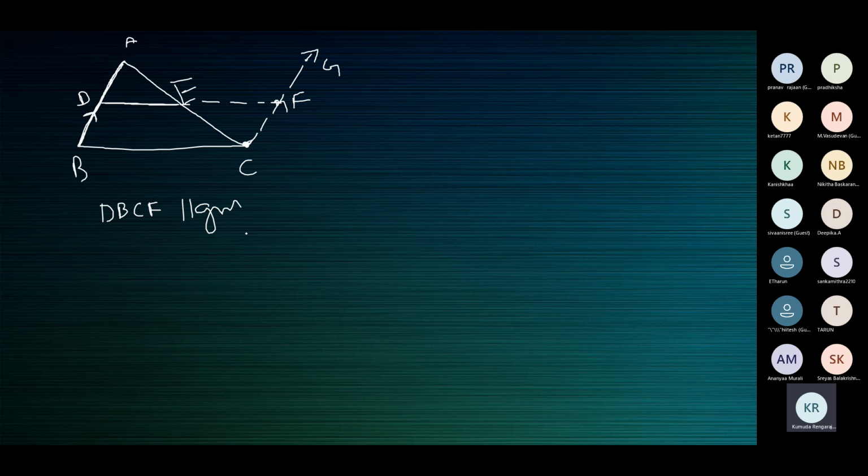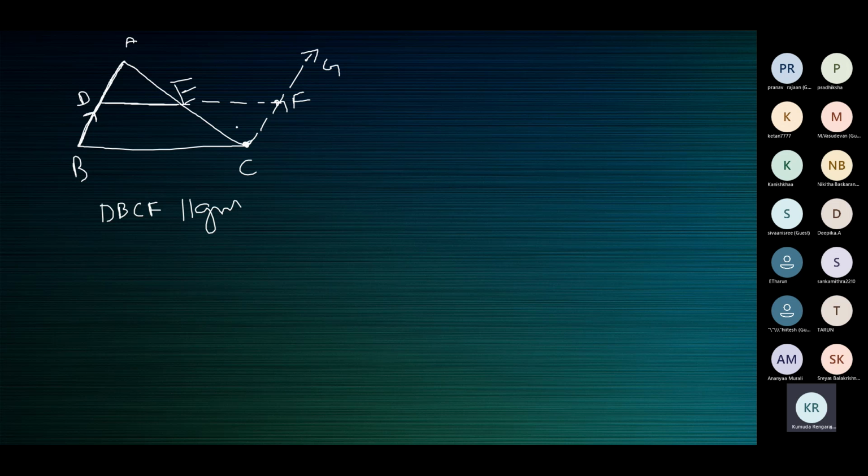To get the results DE is parallel to BC and DE is equal to half of BC, we need to show that DBCF is a parallelogram. Once you show that DBCF is a parallelogram, it's very easy to show that DE is parallel to BC and DE is equal to half of BC. So our intention is to show that DBCF is a parallelogram.